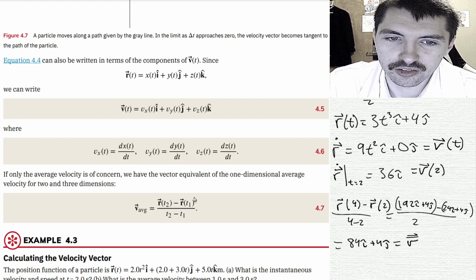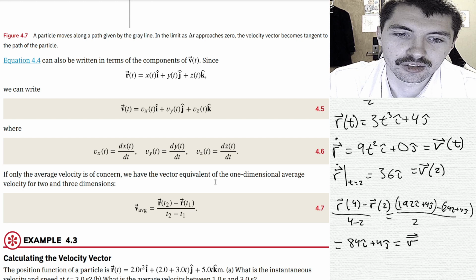Mathematically, the instantaneous velocity is more accurate, but physics breaks down at certain scales. So that's why you should know both.